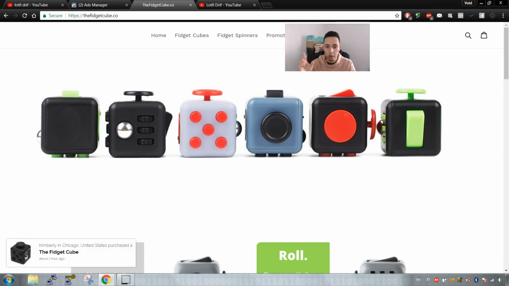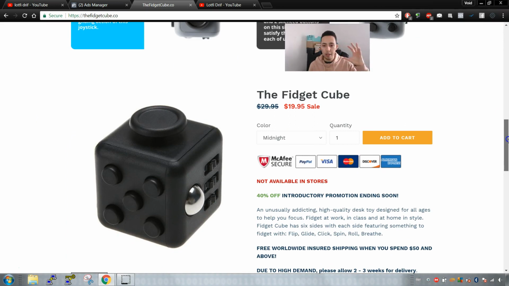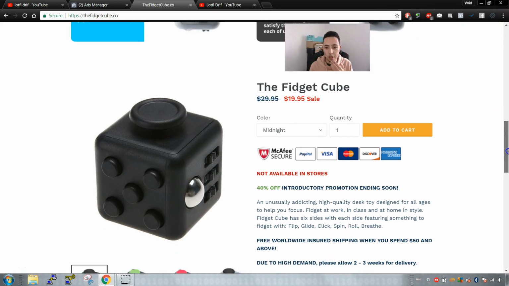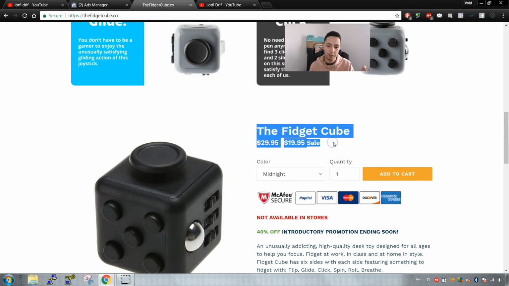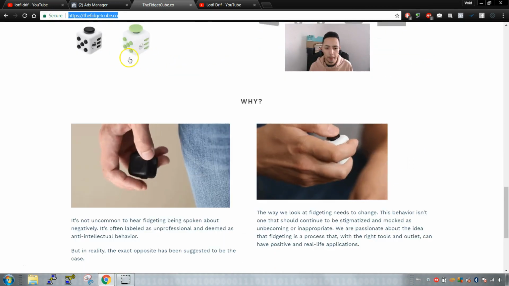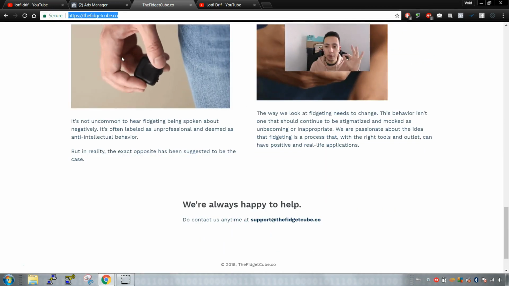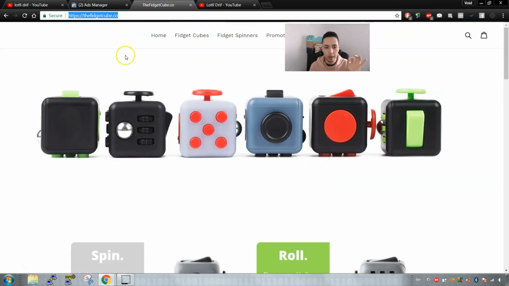It works for specific, high value, high demand products like a fidget cube, which a lot of people want to buy. If you can rank on that, you can literally dominate the whole market just by ranking number one. He's probably buying it from AliExpress for like $5 and $1 shipping, and selling for $20, because he's ranked for the fidget cube term and getting 90% of his traffic for free from Google.